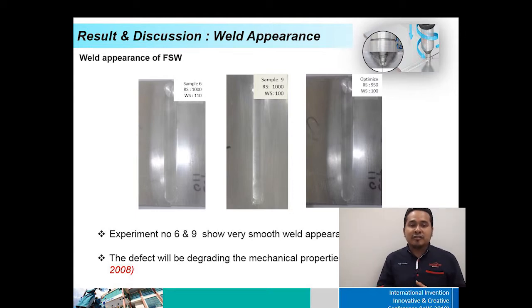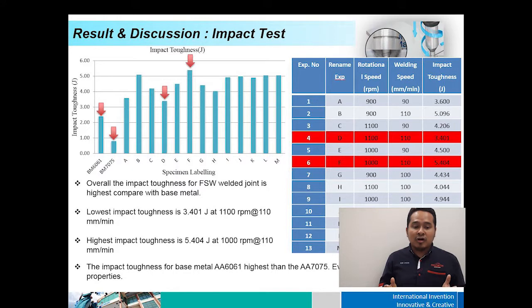We go to the result for the impact test. Overall, the impact toughness of the FFW welded joint is the highest compared to the base metal. The lowest impact toughness is 3.401 at 1000 RPM and 100 mm per minute.